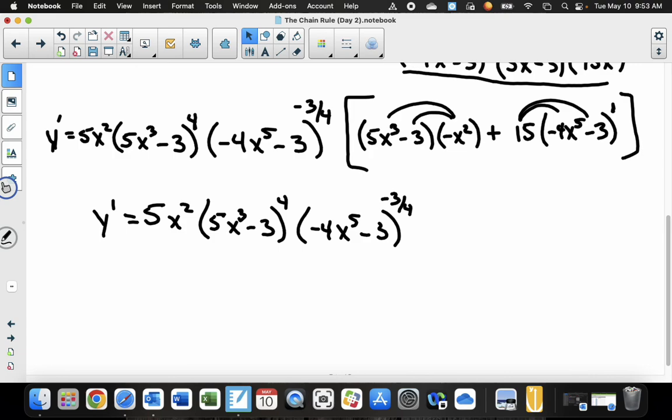What do we end up with? When you do that stuff in the brackets, the distributing and combining of like terms, you end up with negative 65x to the 5th plus 3x squared and a negative 45. That's ultimately what you come up with when you do the algebra in the brackets.